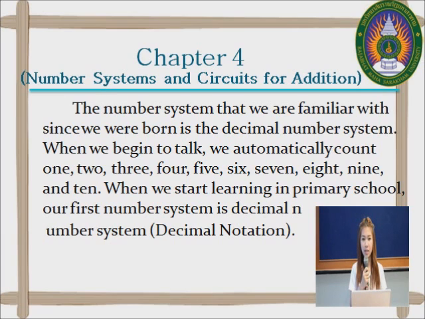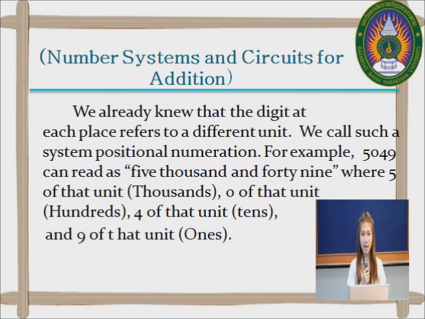When we start learning in primary school, our first number system is the decimal number system. In decimal notation, we already know that the digits at each place refer to a different unit. We call such a system positional numeration.